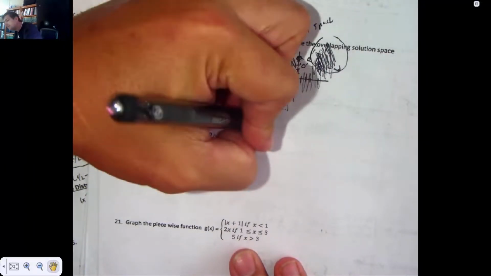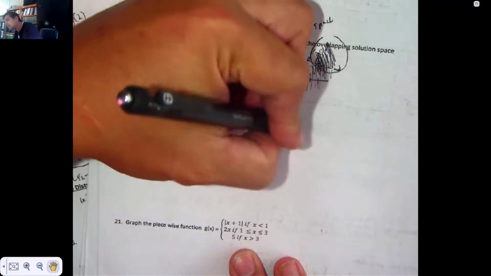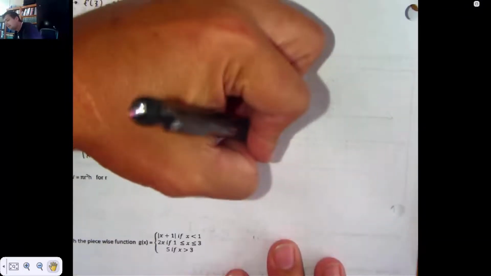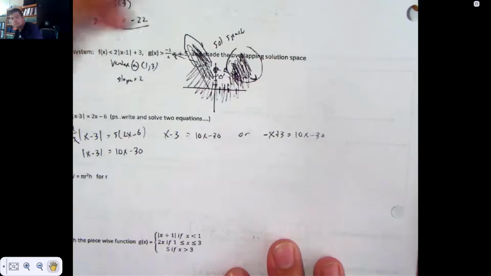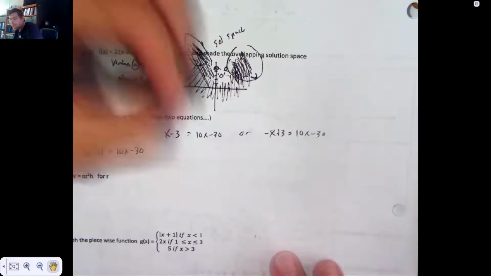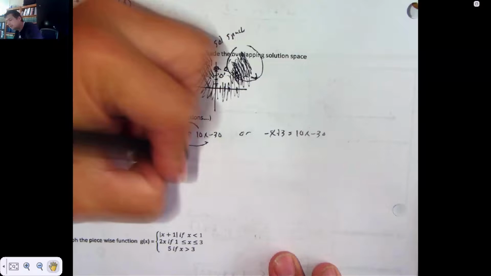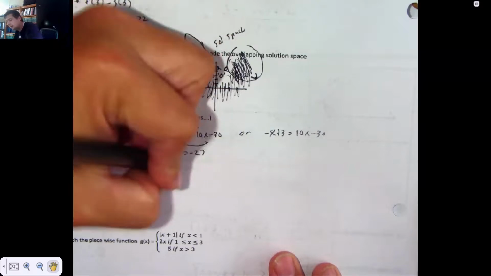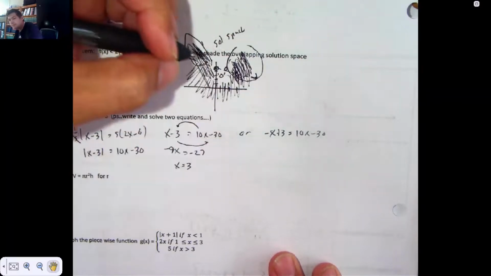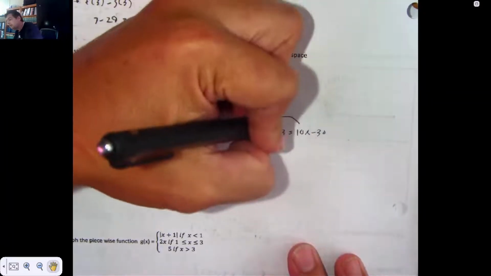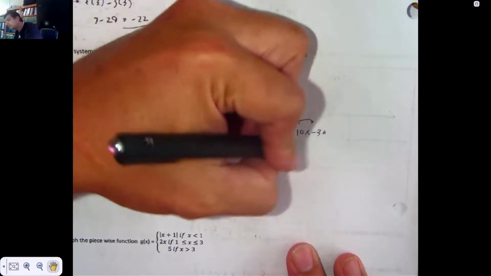X minus 3 is 10x minus 30, or negative x plus 3 is 10x minus 30. So if I shift my x's left, I'll have a negative 9. I add 3, I'll have negative 27. Divide by negative 9, I have an x value of 3. Over here, if I subtract 10, I have negative 11. Subtract 3, I have negative 33.